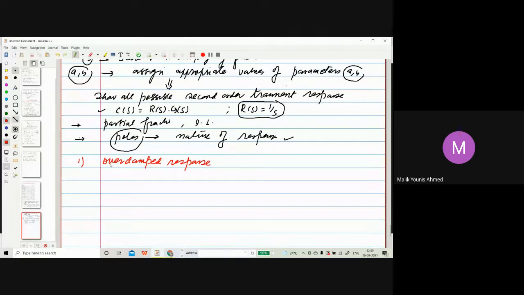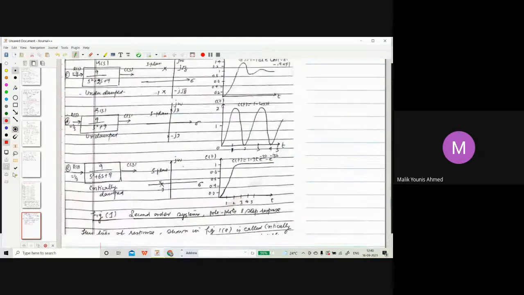The overdamped response is shown in figure 1, in the number B.